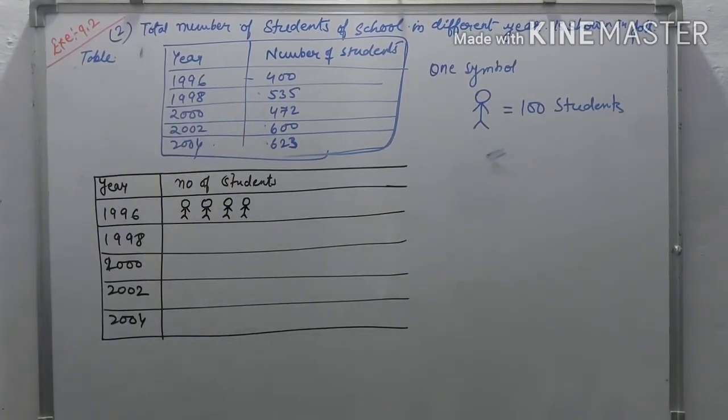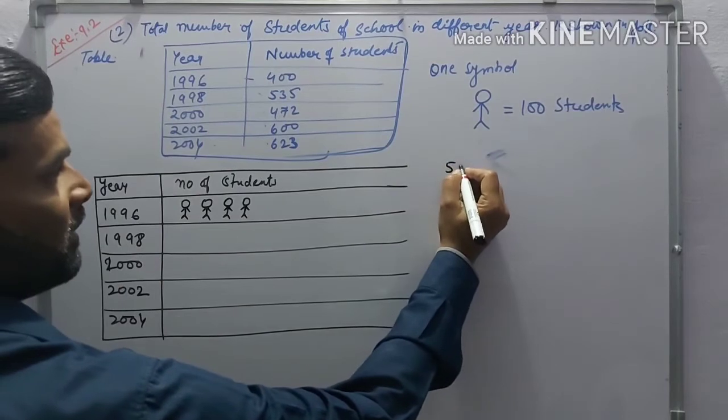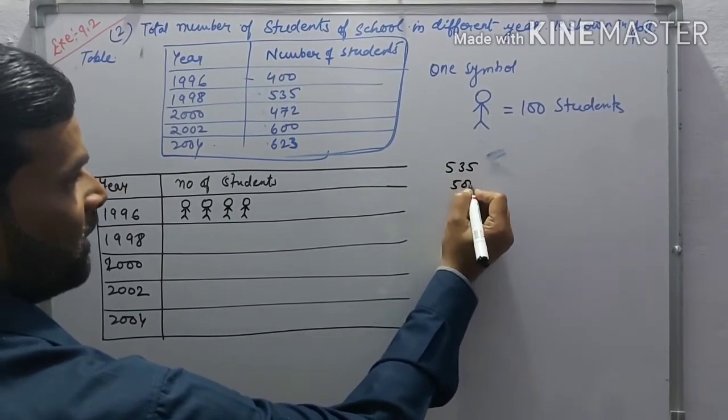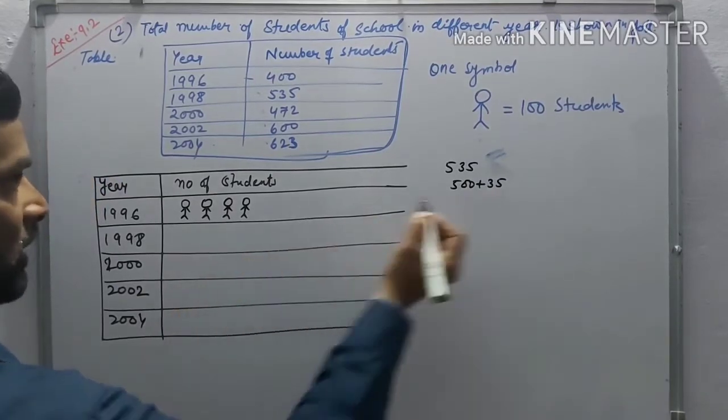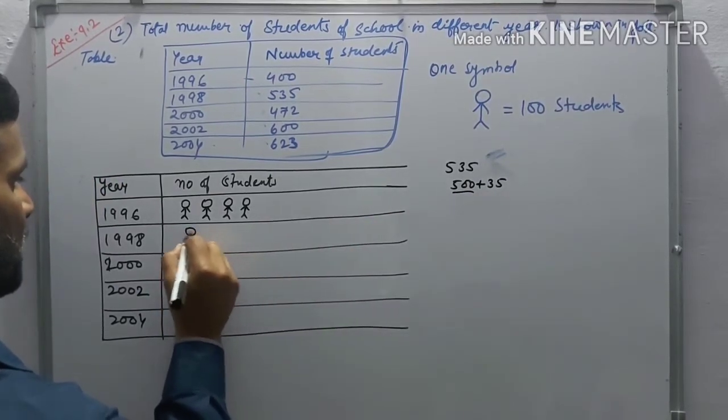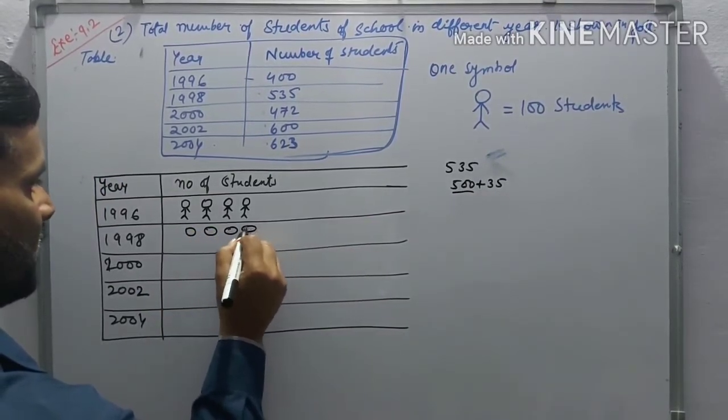Next is 500. 535 means 500 plus 35. Okay, the 500 will use 5 full diagrams.